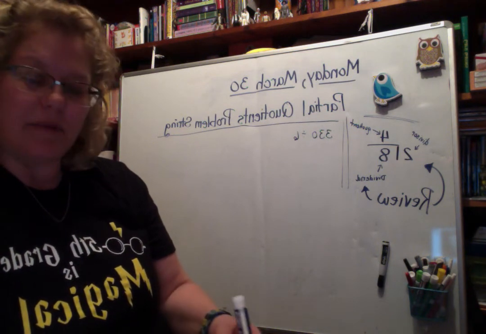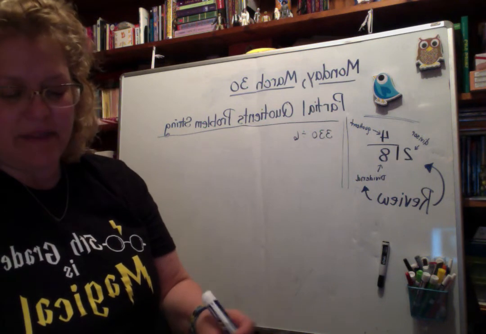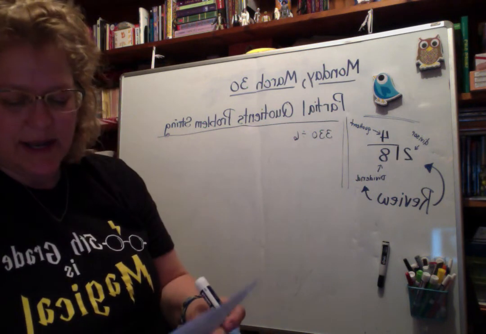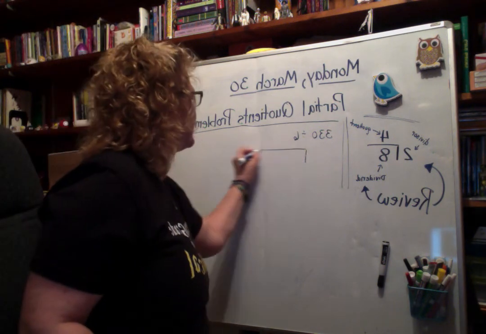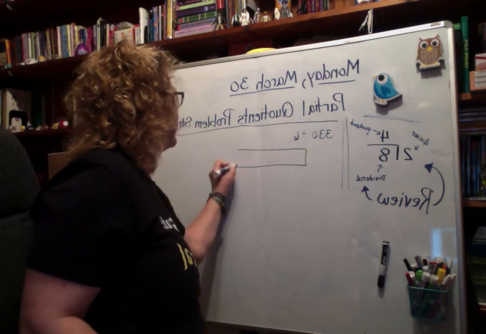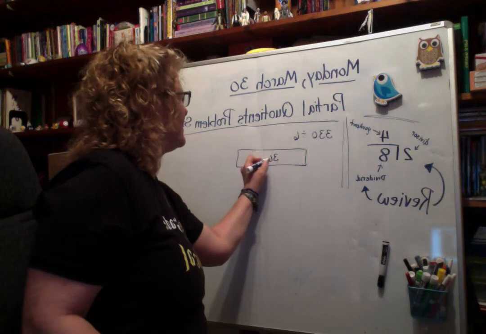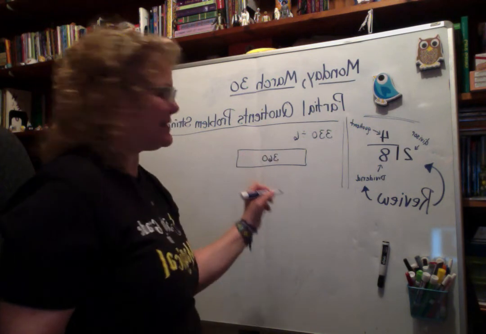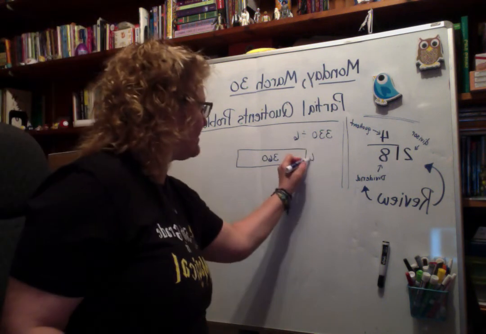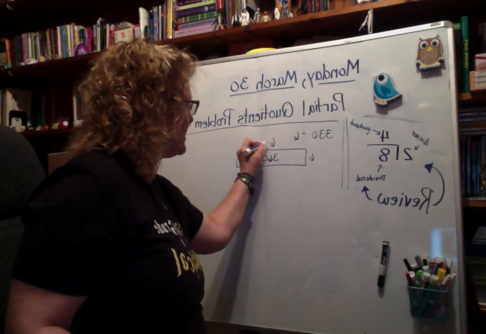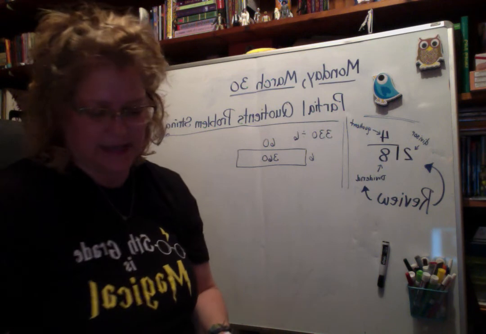Okay. Now I'm going to assume you're coming back right now, and that maybe what you have on your board is that you drew out the picture and it's going to look something like this. That was my 360. We knew that 360 divided by 6 was 60, right?